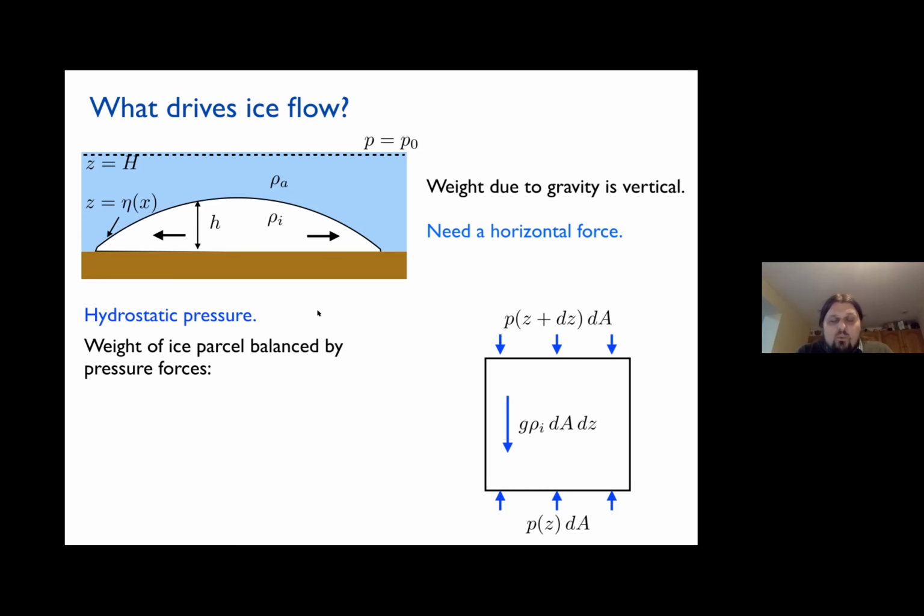But one of the things that you can pick out in these systems is you can calculate what kind of pressure field you would have if you only thought about the weight of the mass of ice. So if we take a small cube of ice in here, we can think about the force balance.